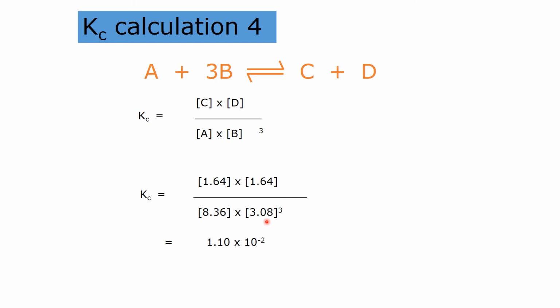I'd like you to pause the video and plug those numbers into your calculator to verify that, but also I'd like you to work out the units of Kc, bearing in mind that whenever you see a square bracket, that means moles per decimetre cubed. But take care with this one, because it's going to be moles per decimetre cubed to a power. Pause the video and give it a go. Tell me the units after you've verified that this is the correct answer on your calculator.